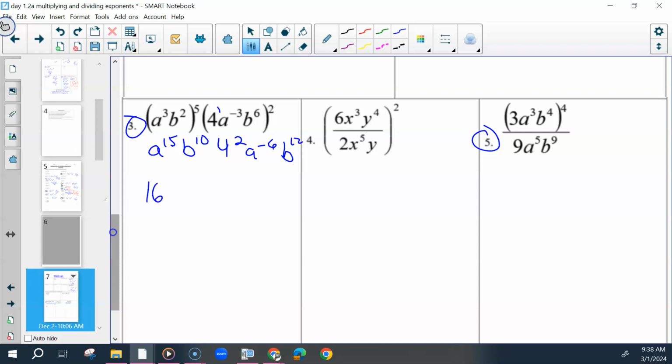And then if we're adding our exponents, A to the 15 minus 6, what would that new exponent become? A to the what? To the 9. And then what would our new exponent for B become? 28. So 16a to the 9th, b to the 22nd. Any questions, confusions on that?